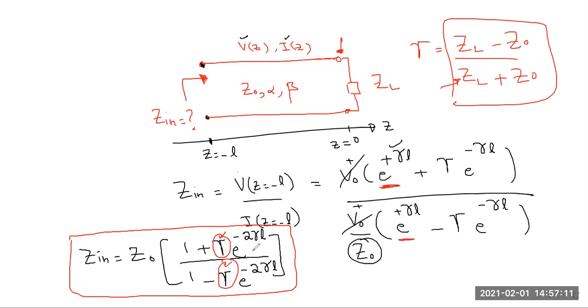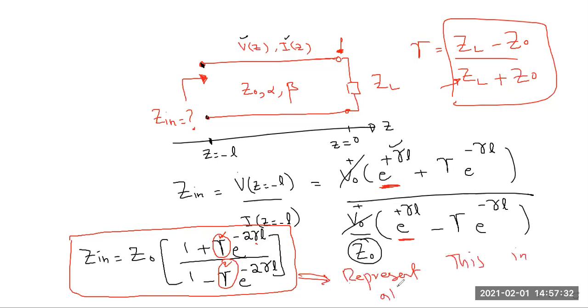And this exponential function can always be represented in terms of sine and cosine, which can then be represented in terms of the tangent function.